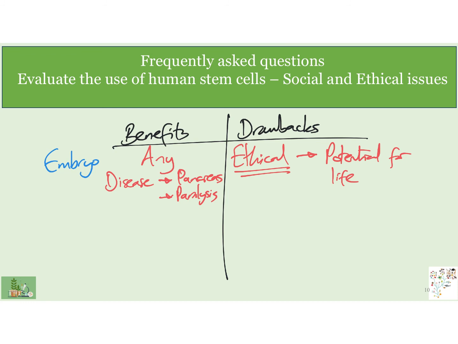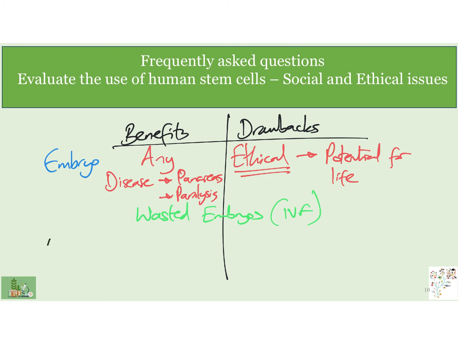The counter to that, though, and you can either get a benefit or a drawback here: every single year, there are lots and lots of embryos which have been discarded as a result of not being used in IVF. So why not use those embryonic stem cells as a benefit?